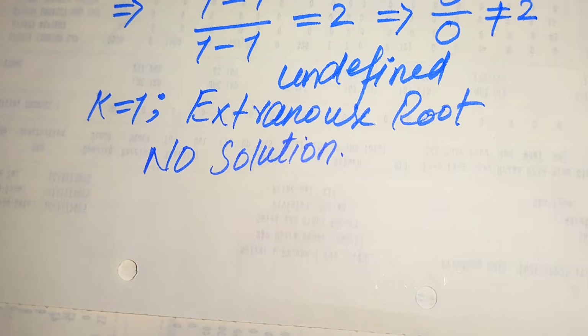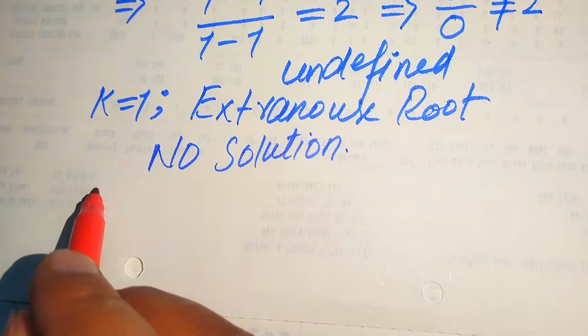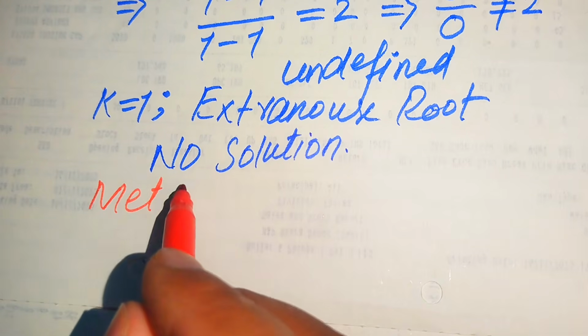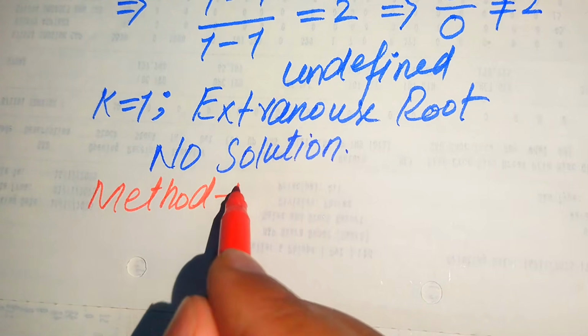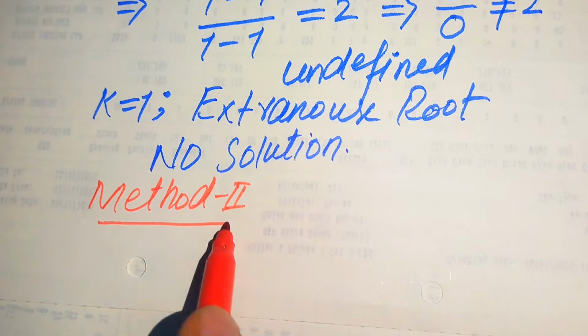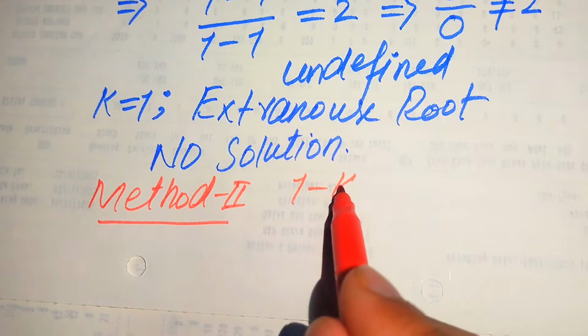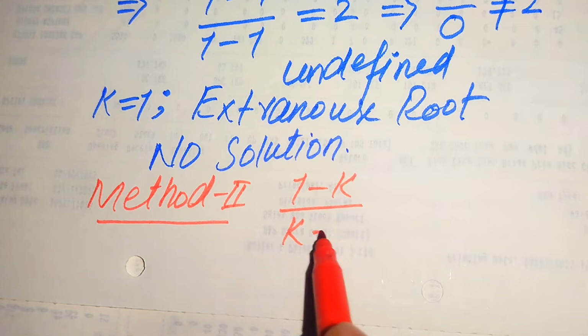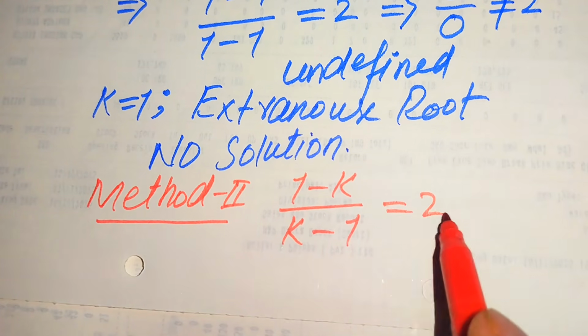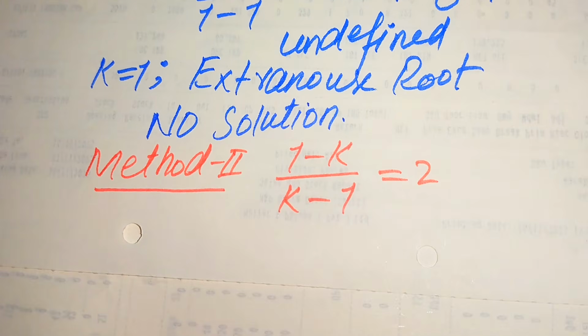And now in the next step we solve this problem again with the second method. For the second method we need to copy down the given question statement, and our given question statement is (1 - k)/(k - 1) = 2.